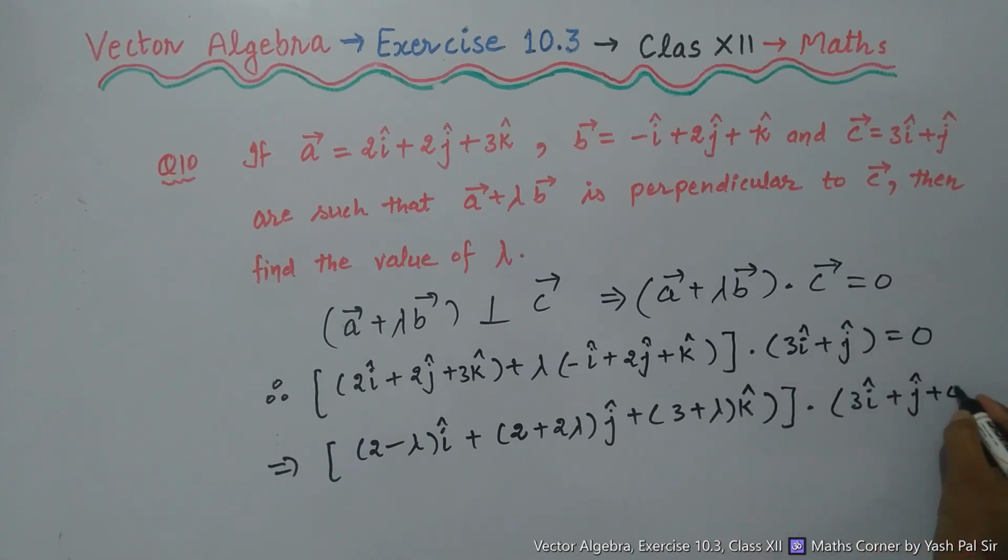The k component is not there, so 0 into k is equal to 0.